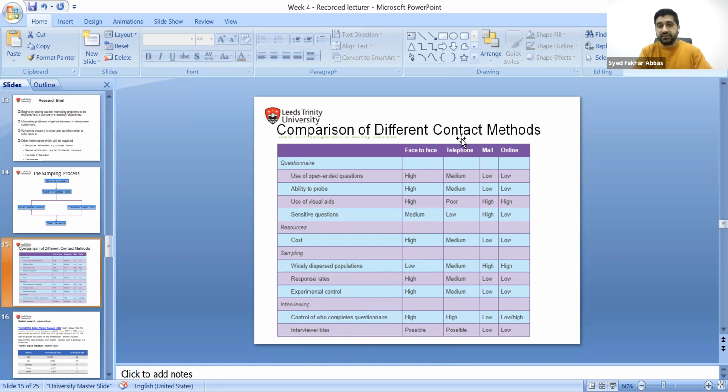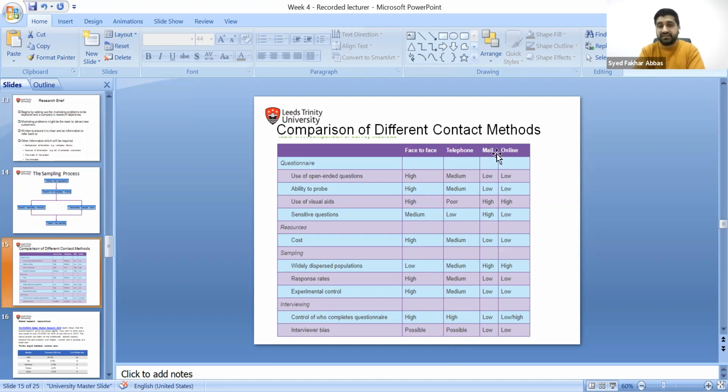However, in telephonic market research, the use of open-ended questions is medium, and the level of cost will be medium. Sampling a widely disparate population will be medium. Similarly, there are still chances that interviewer bias may occur when we are doing telephonic research.